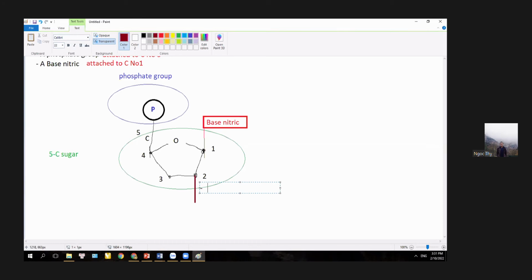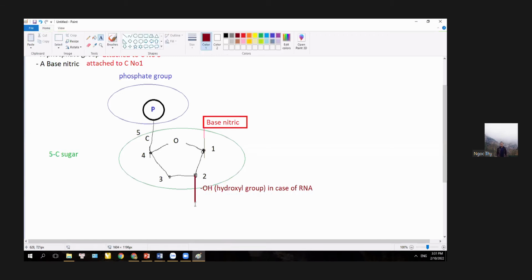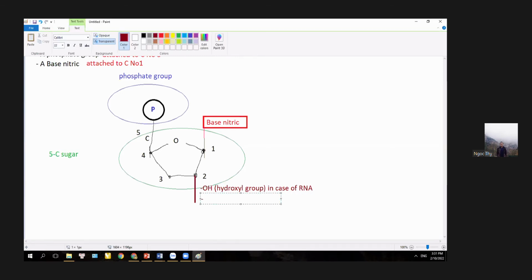Here is the OH or hydroxyl group in the case of RNA, or ribose sugar, and it is a hydrogen atom in the case of DNA.